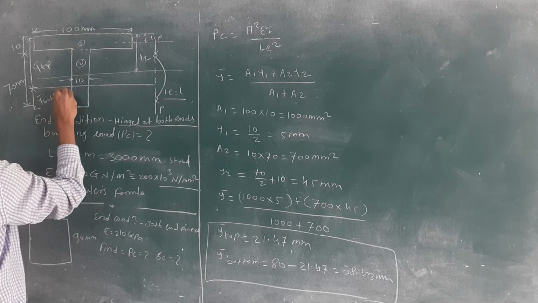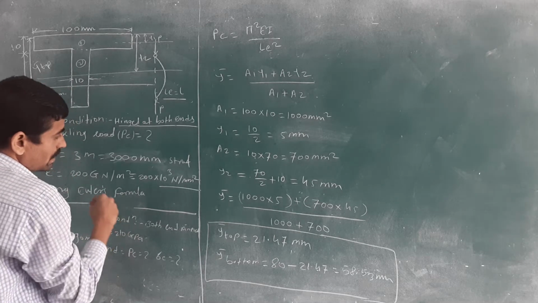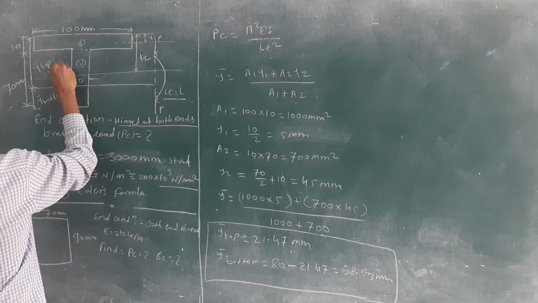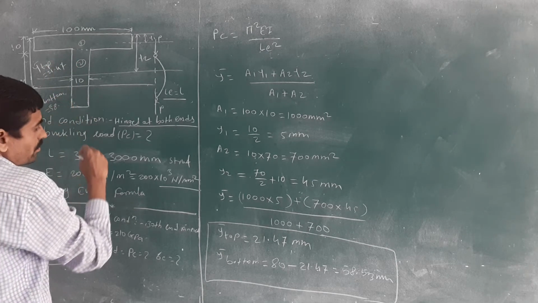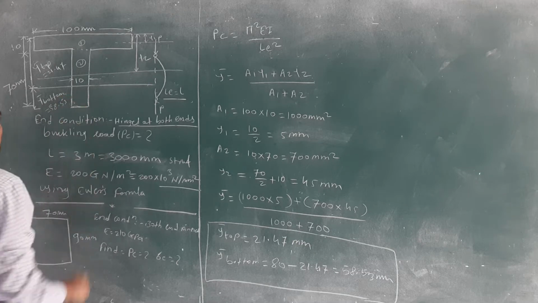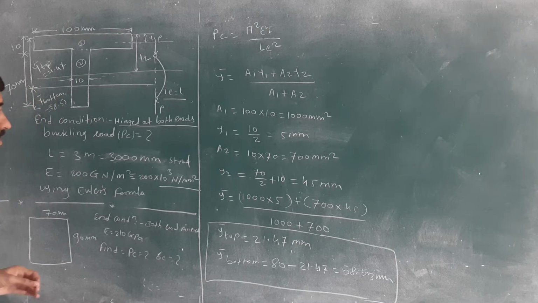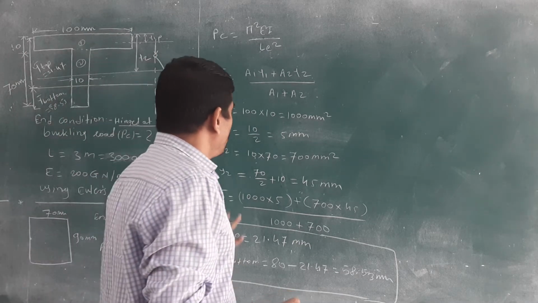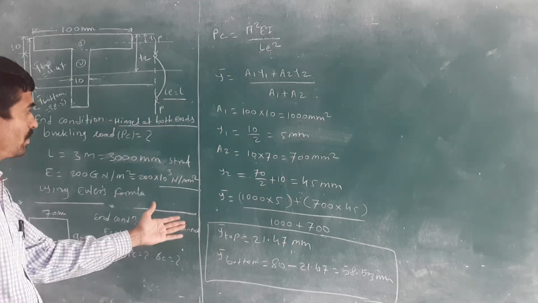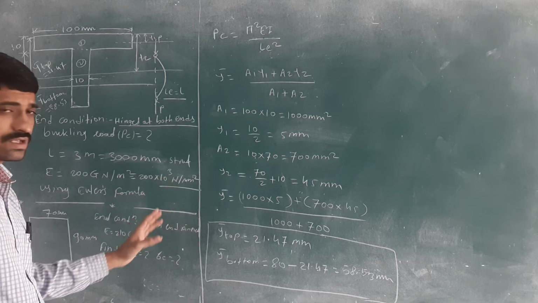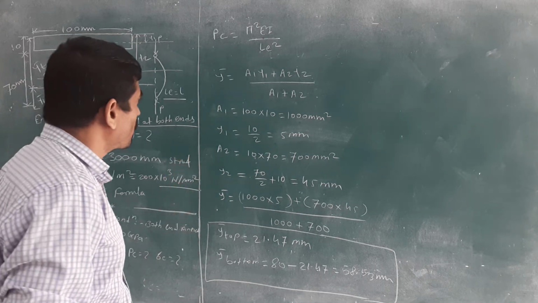For the unsymmetric section, we have the values 21.47 and 58.53 mm. If you make the summation, the total is 80. We have seen this already in unit number 3, so this is the revision for you from unit number 4.